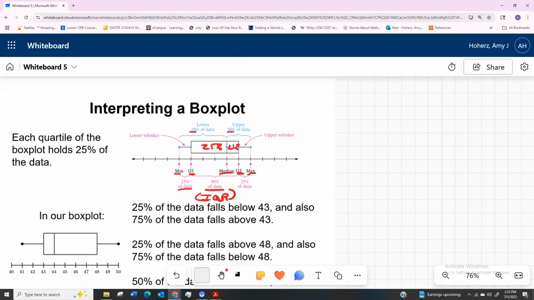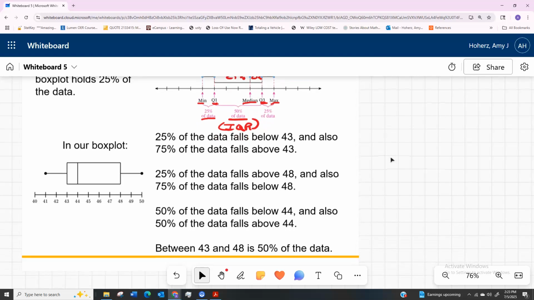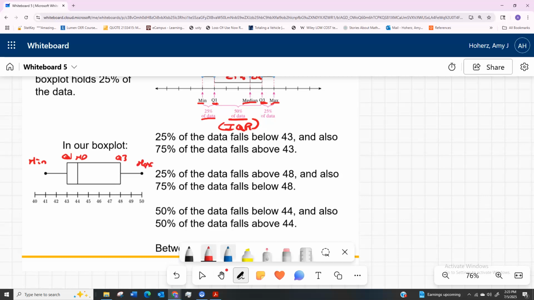So for our box plot, where is 25% of the data? Well, the first 25% of the data falls below, here's Q1, here's our median, here's our Q3, here's our min, and here's our max. So we know that 25% of the data falls between the minimum and the Q1.